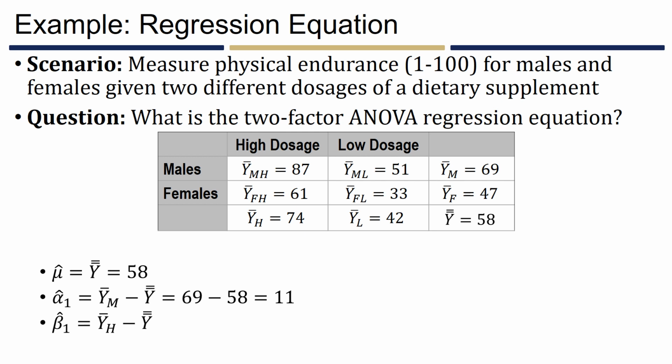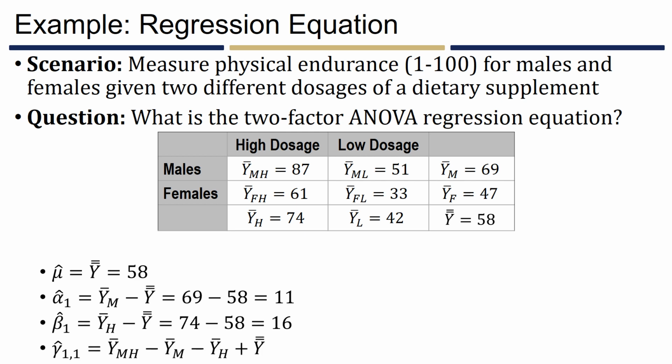Beta 1 hat, which corresponds to the dummy variable for dosage, is found by taking the sample mean for the people given the high dosage and again subtracting off the grand mean. Like we did with gender, we're using the mean for the high dosage because this is the category that was coded as 1 in the dummy variable. This gives us beta 1 hat equal to 74 minus 58, which is 16.